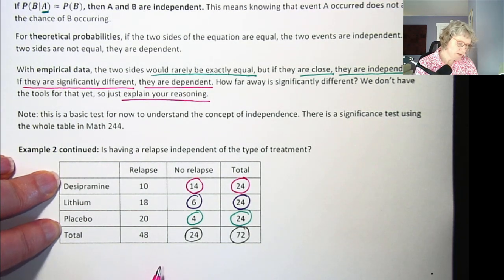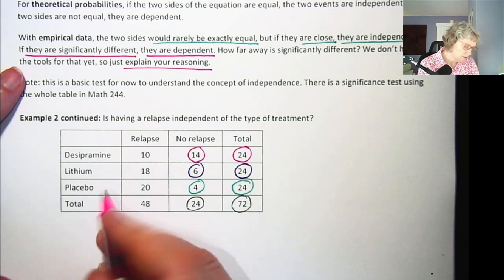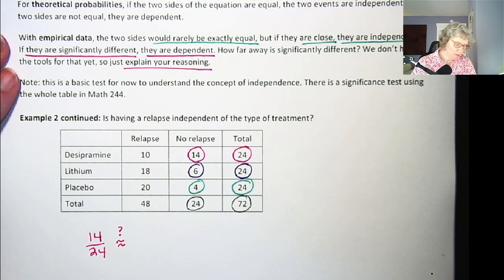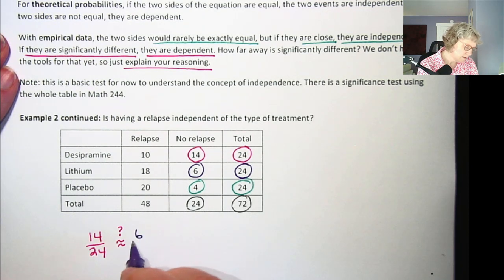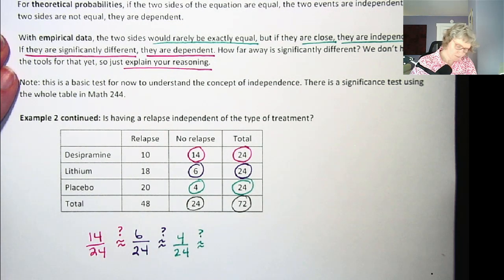Okay, so what I'm going to do is compare these probabilities. 14 out of 24, and I'm going to put equals. I could put equals or approximately equal with a question mark over the top, so it's really a question. Are these close? 6 over 24, is that close to 4 out of 24?